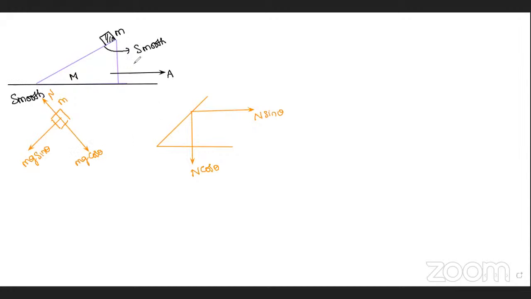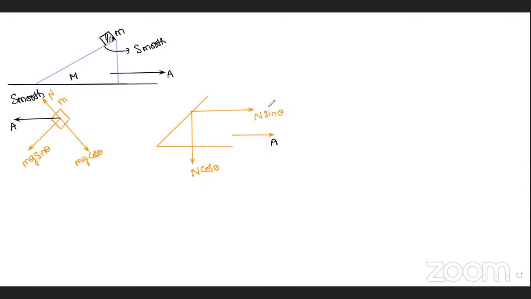Here this one moves with an acceleration a. So pseudo acceleration I will get here in this direction. This is pseudo, quite opposite to it. This is the pseudo acceleration a.